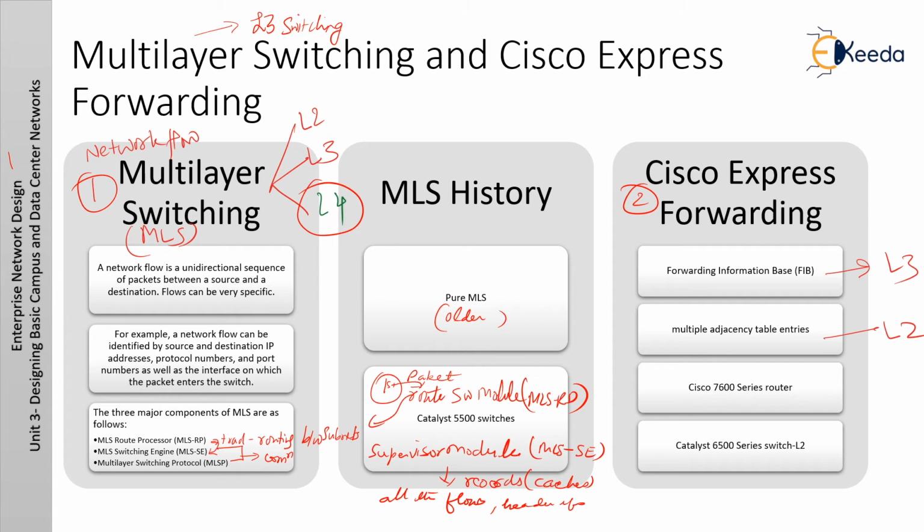Cisco Express Forwarding uses two components to optimize the lookup of the information required to route packets: the forwarding information base for layer 3 information, and the adjacency table for the layer 2 information. Cisco Express Forwarding creates an FIB by maintaining a copy of the forwarding information contained in the IP routing table.